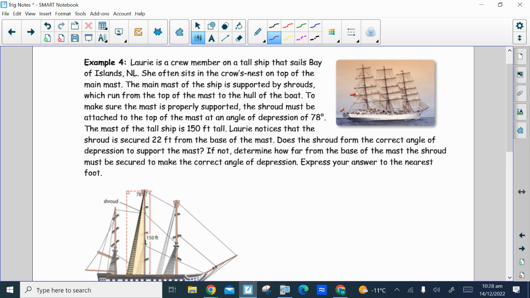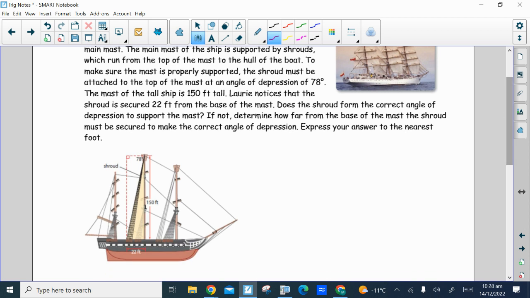To make sure the mast is properly supported, the shroud must be attached to the top of the mast at an angle of depression of 78 degrees. You can see that up here at the top. Remember, angle of depression is measured downwards from the horizontal. It's outside the triangle. The mast of the tall ship is 150 feet tall, so we see that labeled there.